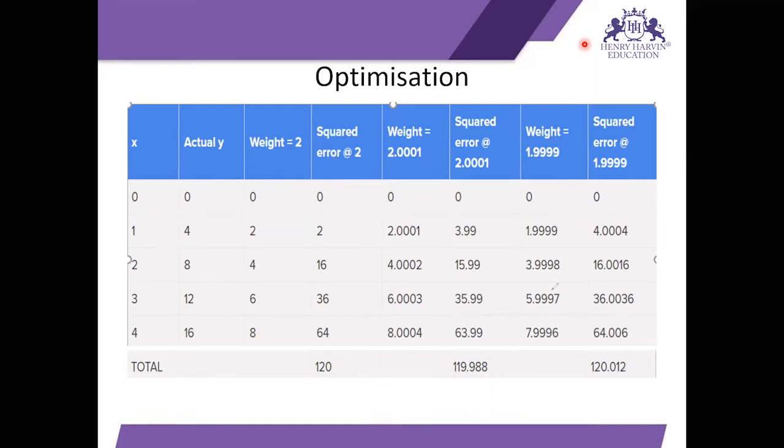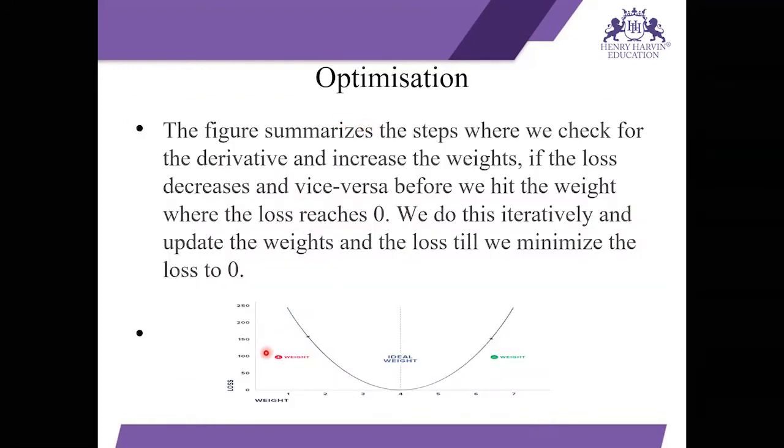So this is about the cost function, right? Fine. In this diagram, what we can understand is that this is plotted between loss and weight. This figure summarizes the steps where we check the derivative and increase the weights if the loss decreases, and vice versa, before we hit the point where the loss reaches zero.